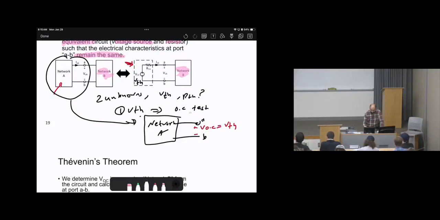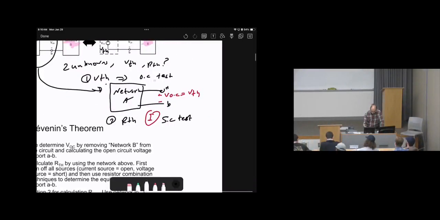The second step is to calculate R Thevenin. Now there are two ways. Way number one, in calculating R Thevenin, you will apply a short circuit test. What do I mean by short circuit? Take network A, then you will do the short circuit here.